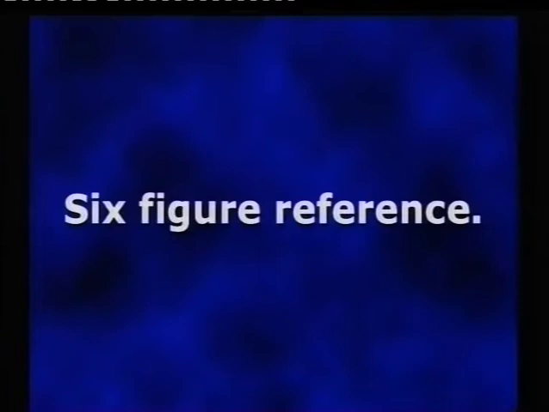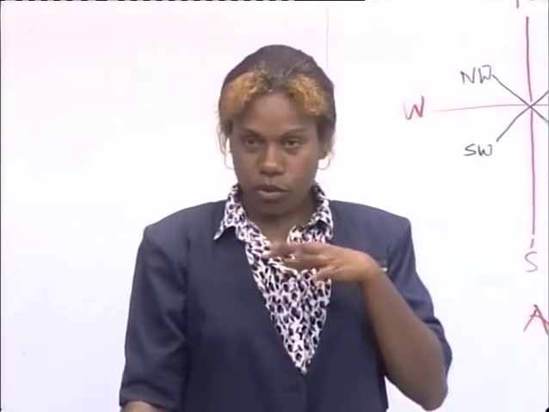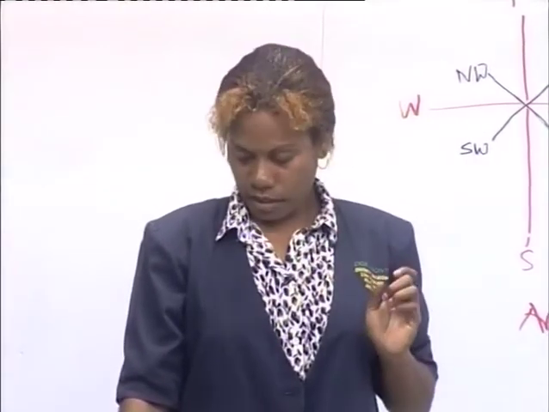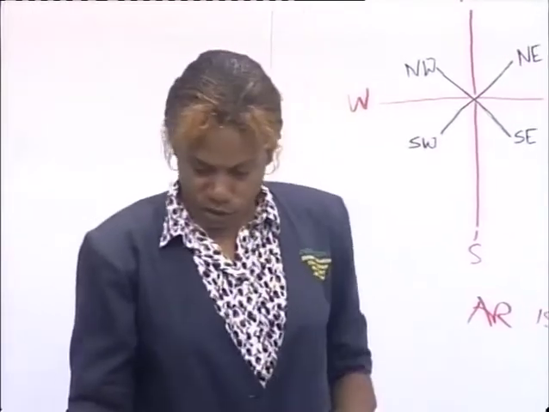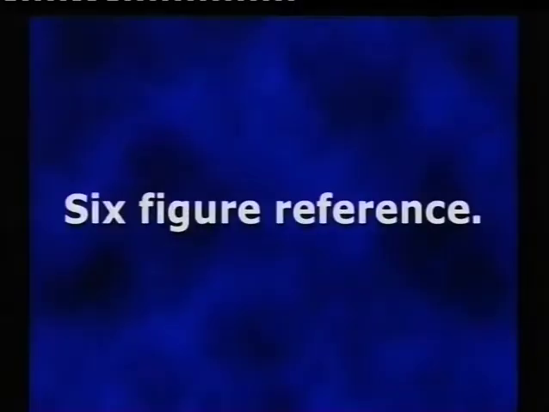When using a 4-figure reference, we use just 4 figures. This 6-figure reference will give you a more exact point when you want to locate places on a map. We're going to go through examples, so don't worry, 8Cs and receiving students.